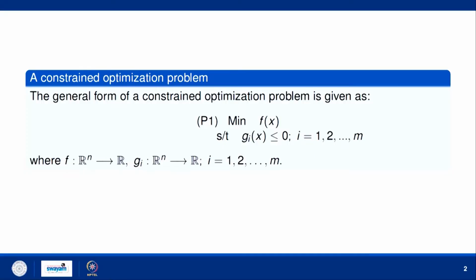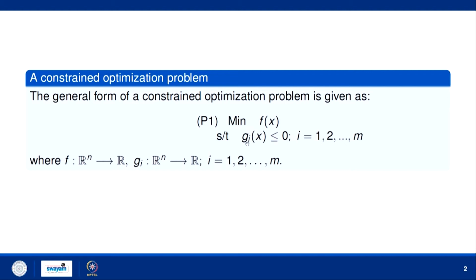So, before going to the necessary or sufficient conditions for constraint optimization problems, let us see some of the basic concepts of constraint optimization. So, first of all, what is a constraint optimization problem? A constraint optimization problem is basically a problem in which we have to maximize or minimize a given function called the objective function, which is f here, subject to the given set of constraints.